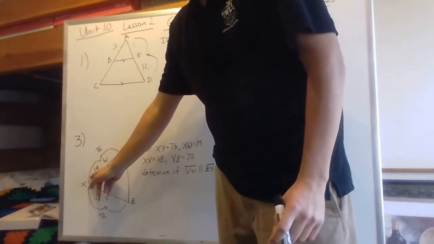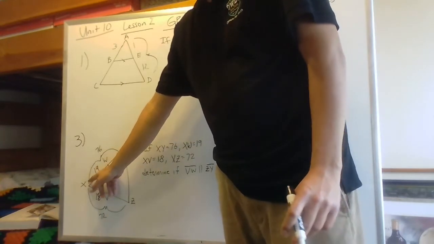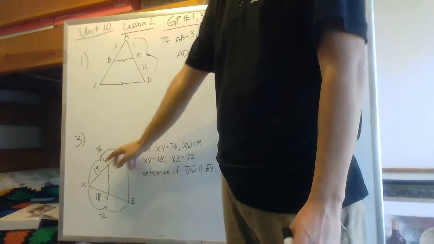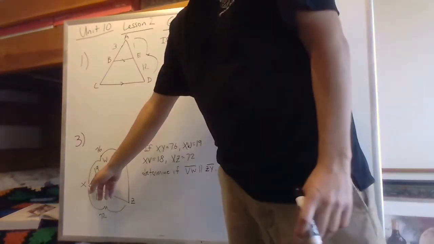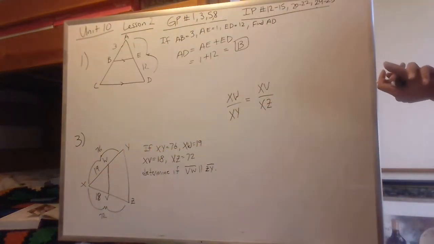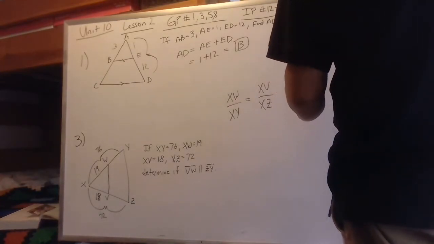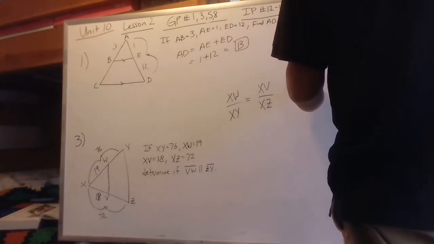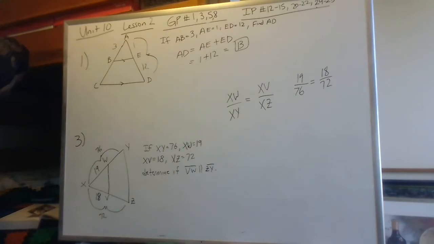So if this side of this smaller triangle, XW, over the other triangle side, XY, which is 76, is equal to XV over XZ, then we know that they're parallel because the ratios will be the same. So XW is 19, XY is 76. Does that equal XV, which is 18 over 72? So that is the question that we have to look at.